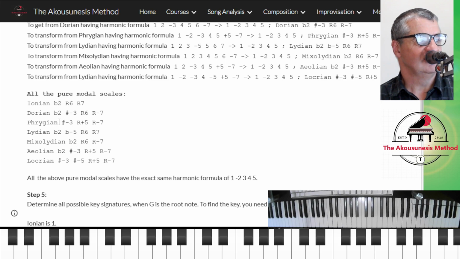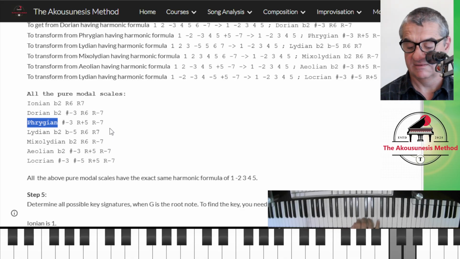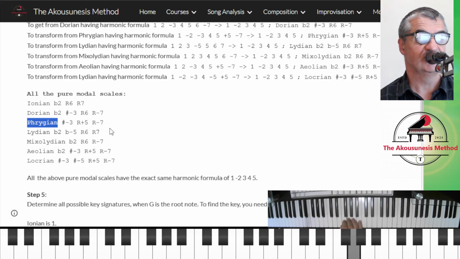What about Phrygian? It's got 2 removes, right? So let's have a look at that to play. All right, so the Phrygian will start on E. So it's got sharp -3. So we're just going to make it a major.